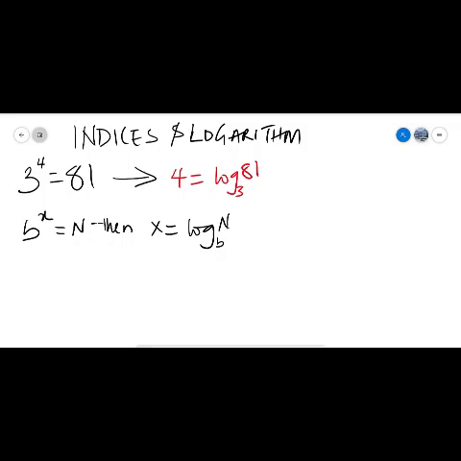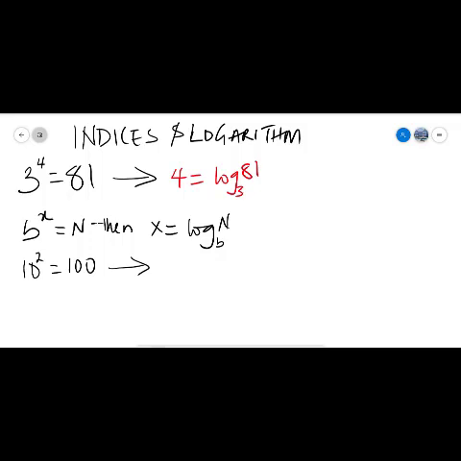And so what it means is that if I give you 10 raised to the power of 2, which we know is 100, writing it in the form of a logarithm would give us that. Let me give you some seconds to do this.